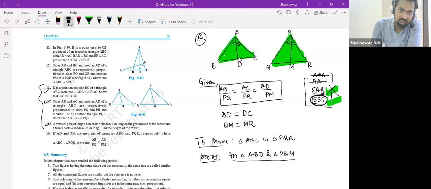Yes. So AB by PQ and AC by PR are given, but we don't know whether this angle is equal to this angle or not. So what do we have?